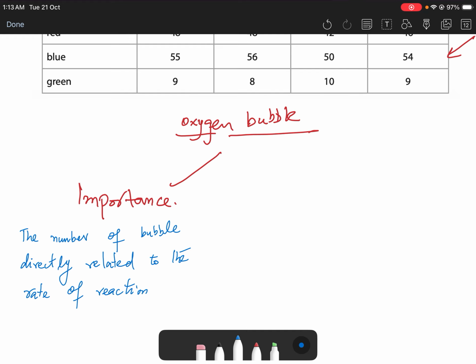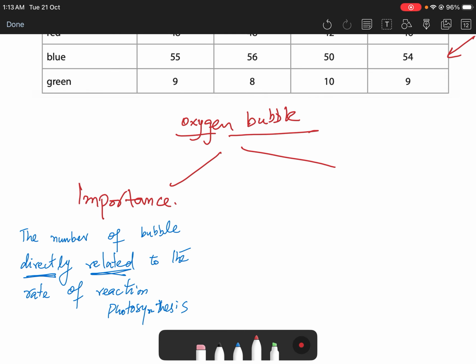And which reaction is this? Photosynthesis. Okay, so this is how it tells us. So there is a direct relationship. Remember that it is important in an experiment to measure oxygen bubbles, because the number of the bubbles produced is directly related to the speed of the process. The higher the speed, the more the number of the bubbles.